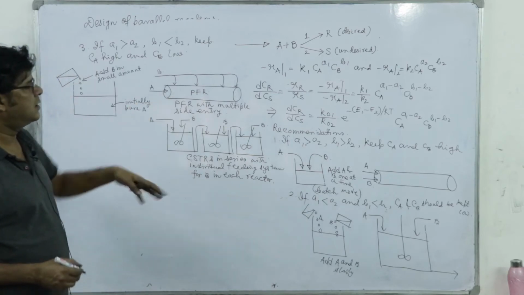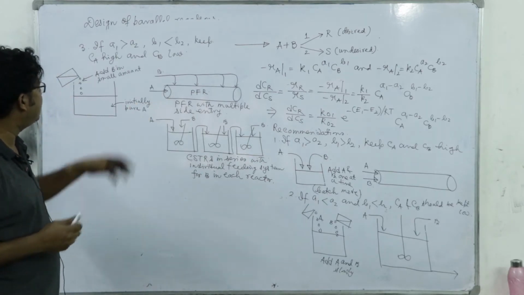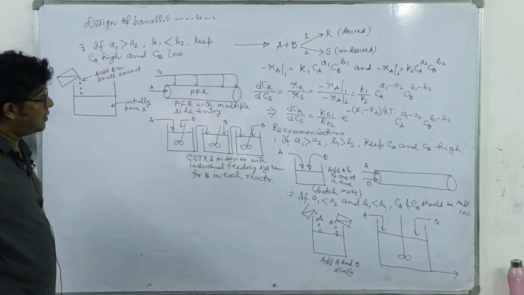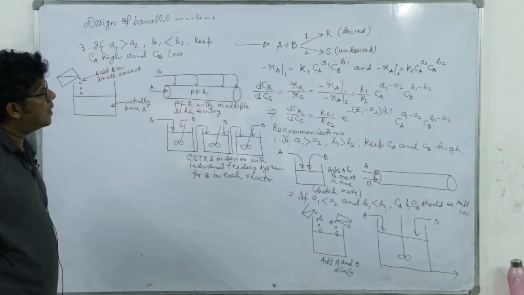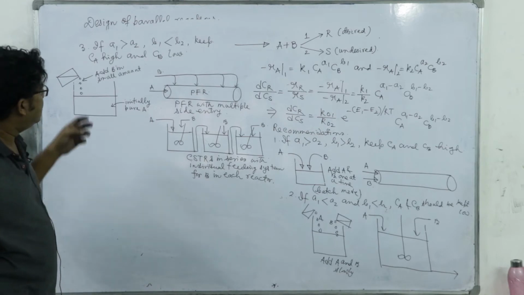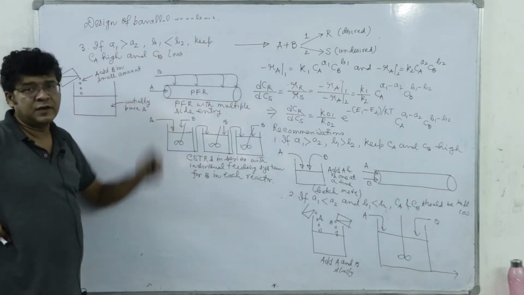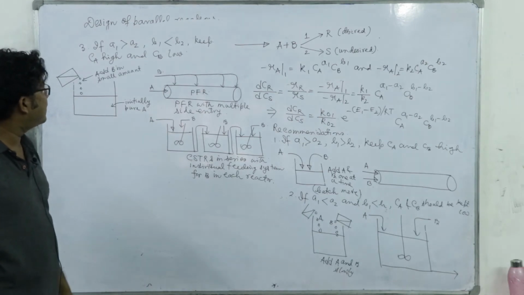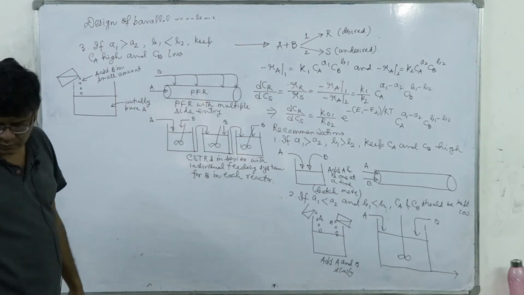We should feed that B individually in every reactor, and that's basically the optimized design for this specific order: A1 is greater than A2, B1 is less than B2.